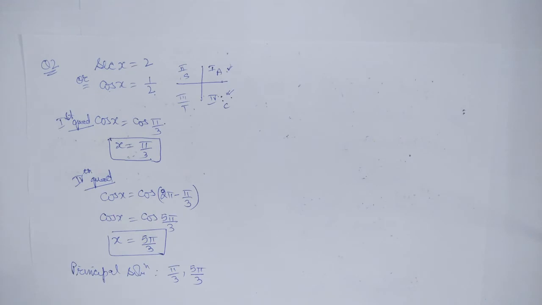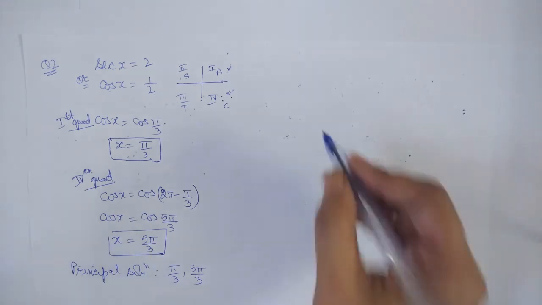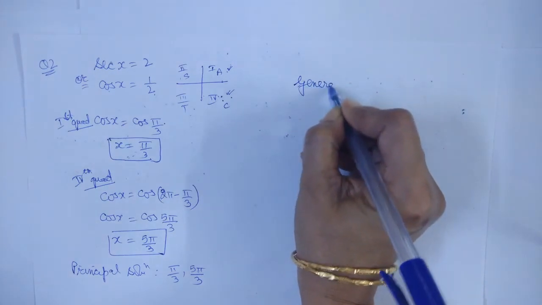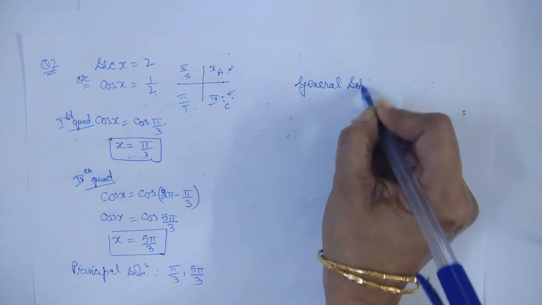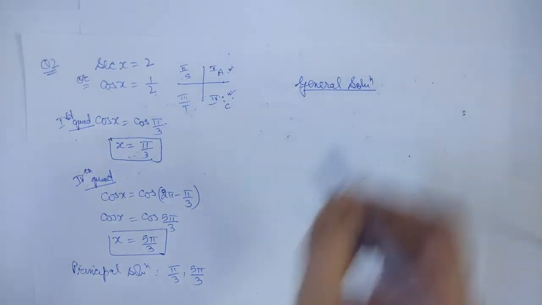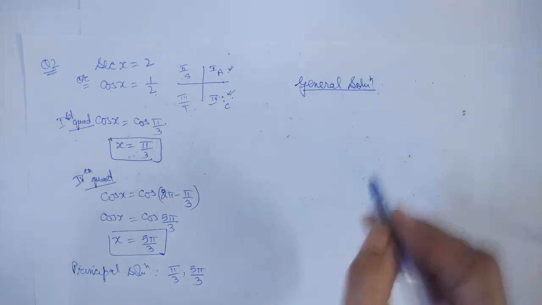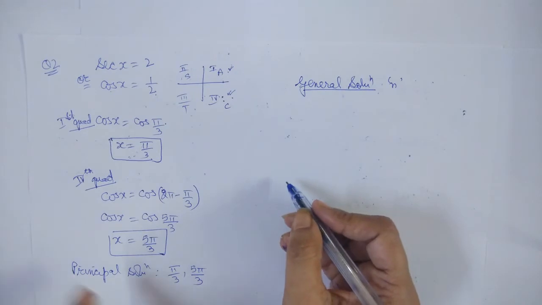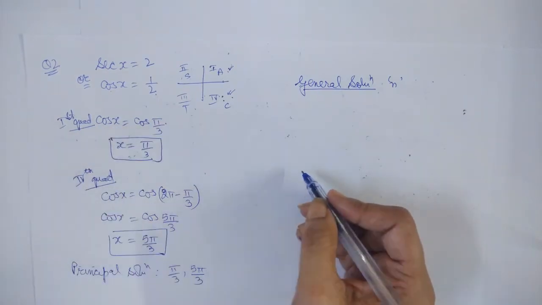Principal solution. Now, to find out the general solution, as I have told, the general solution is always in terms of n. Here it is given cos x equals cos y.